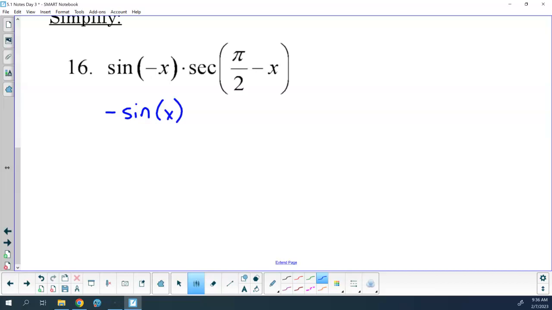The second one, secant of pi over 2 minus x, that to me would be number 17, correct? So number 17 says that if I have the secant of pi over 2 minus x, that is the cosecant of x. Yes? Cosecant then is 1 over sine of x.